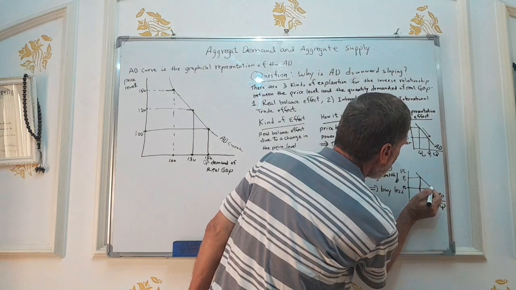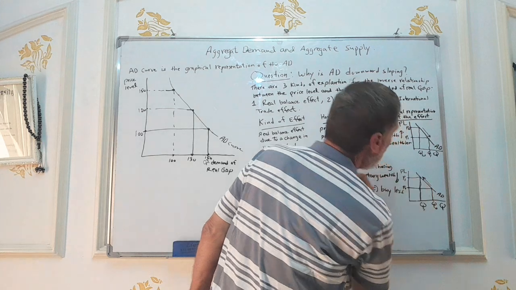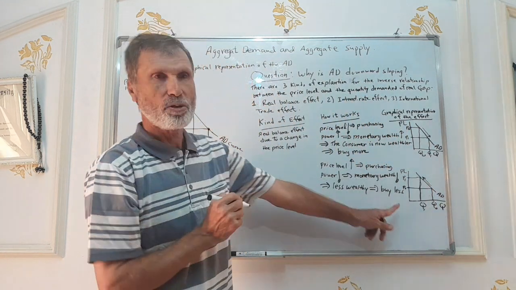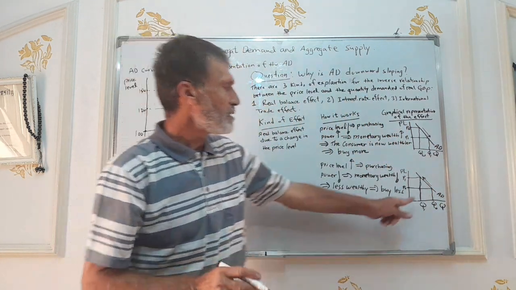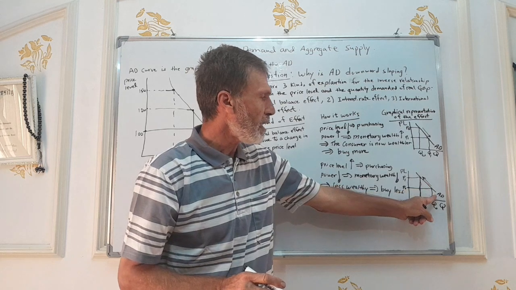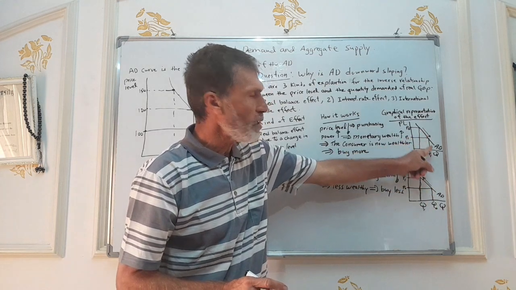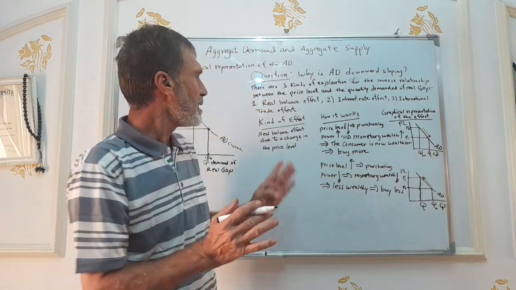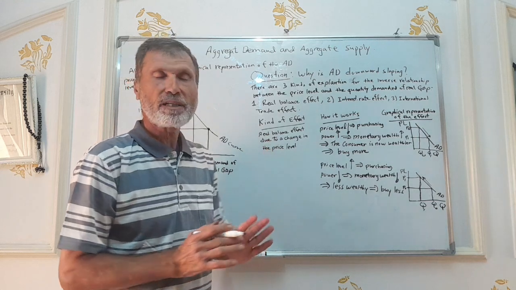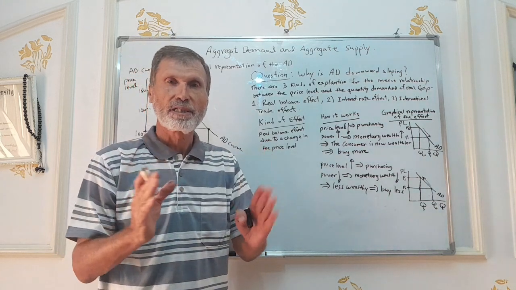So we are moving up along the aggregate demand curve. Here, moving down along the aggregate demand curve. This is the real price effect, and this is how it works.